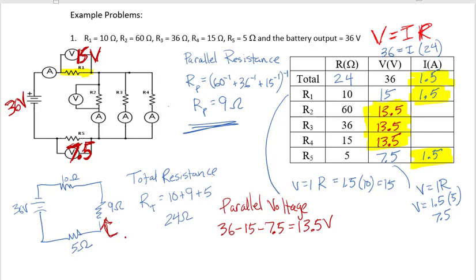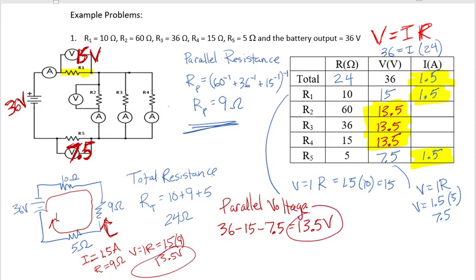And so if we use the 1.5 amps that goes through the series portion, I equals 1.5 amps, and we use the parallel equivalent R equal to 9 ohms, then we can use V equals IR and do 1.5 times 9, and that comes out to also be 13.5 volts. I think actually it's easier to subtract out. Either way, you're still going to get 13.5.